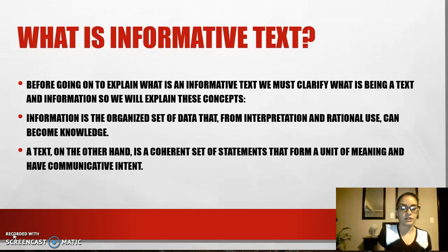Point number one, information is the organized set of data that, from interpretation and rational use, can become knowledge. Point number two, a text, on the other hand, is a coherent set of statements that form a unit of meaning and have communicative intent.